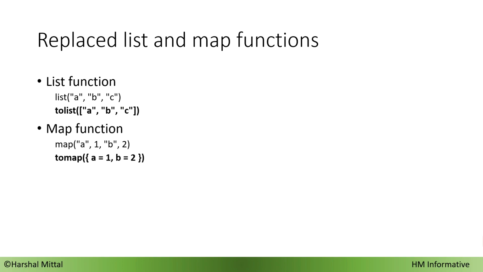And this is the new format of writing maps. Instead of the map function, you use curly brackets to declare a map, and to convert these values into a map, you use the tomap function. In the same way, for lists we use square brackets, so you format it into square brackets and use the tolist function to convert it into a list.